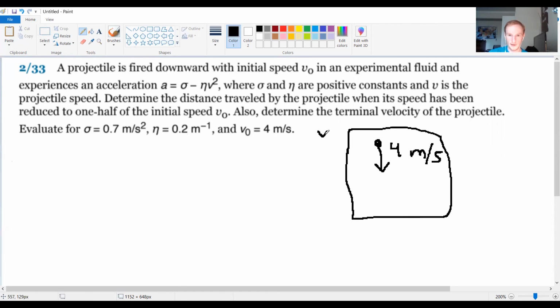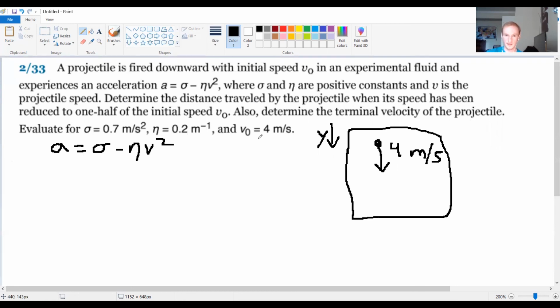So this is the y-axis right here, going downward. They give us this projectile is fired downward with initial speed v0 in an experimental fluid which experiences an acceleration a equals sigma minus n velocity squared, where sigma and n are positive constants and v is the projectile speed. Determine the distance traveled by the projectile.